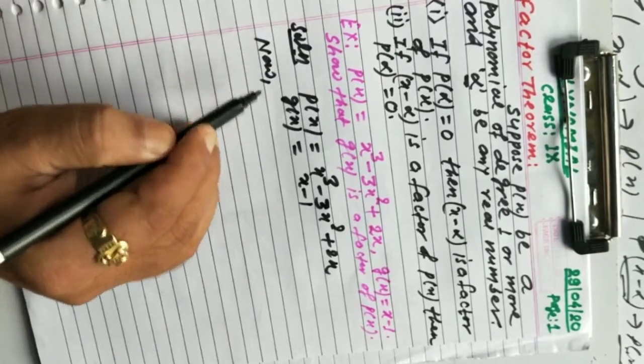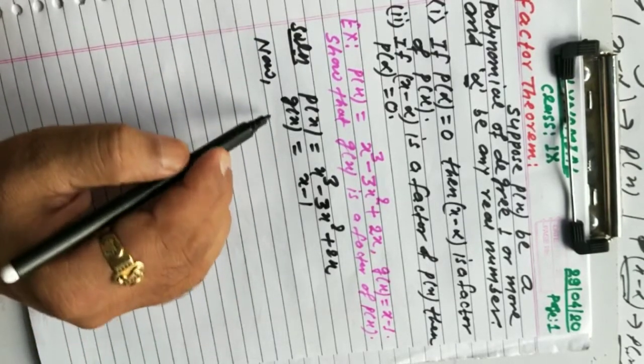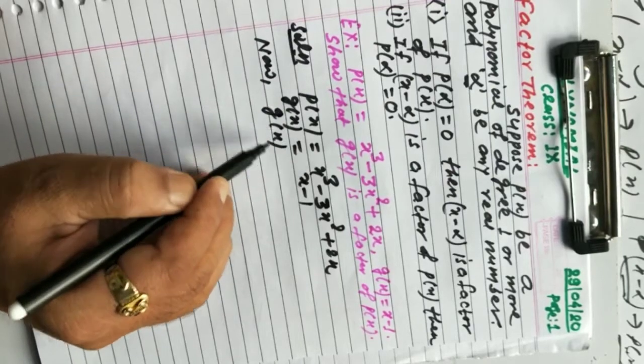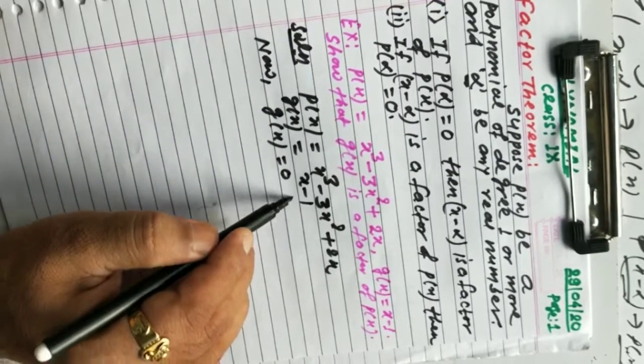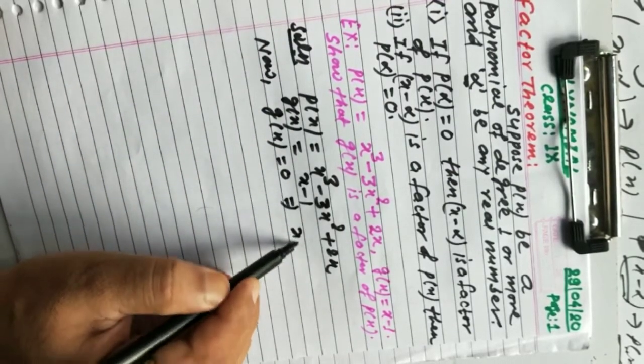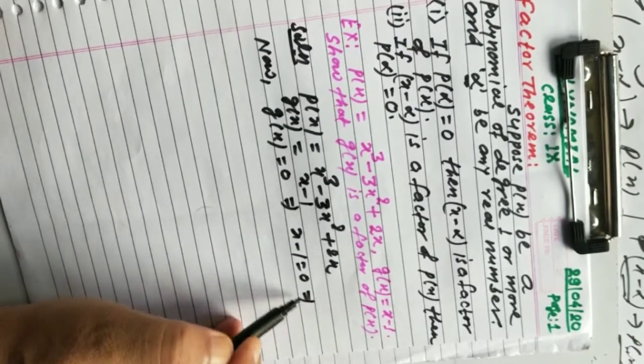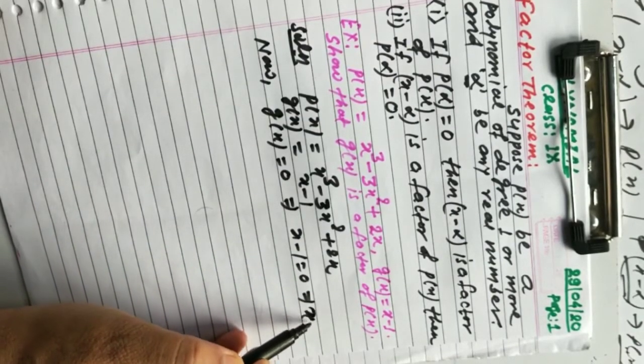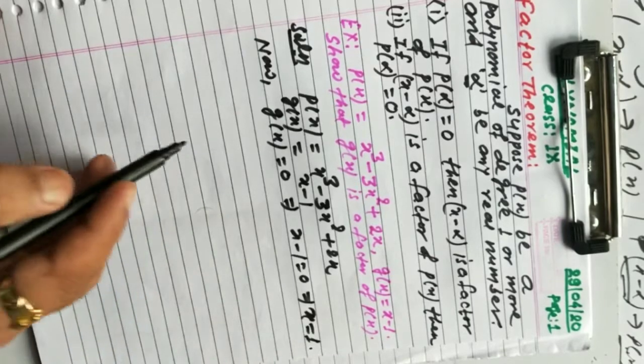Now find the value of x from divisor polynomial, that is g(x) is equal to 0, then x minus 1 will be equal to 0, that is x is equal to 1.